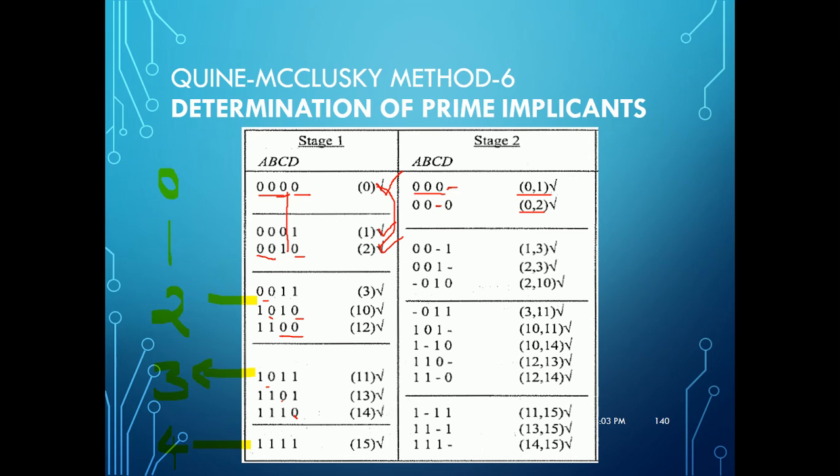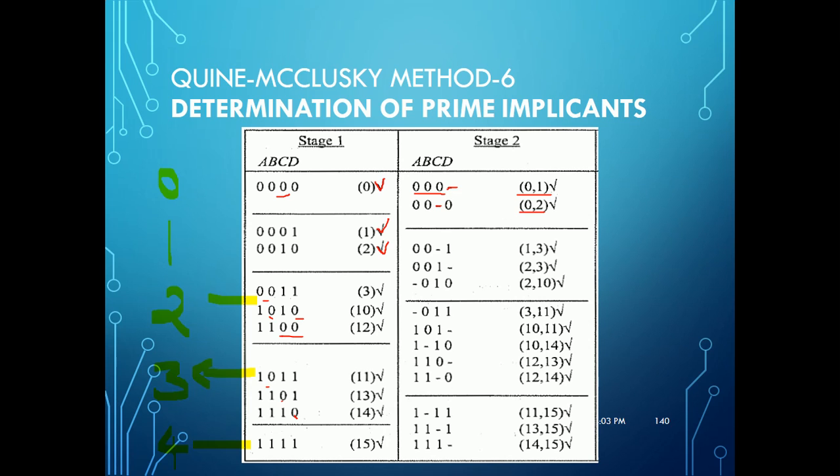So leave that case and move on to the next step. Whatever you have checked has to remain as it is. This is done, this is done. So 0 combined with 1, 0 combined with 2, all we have ticked already.